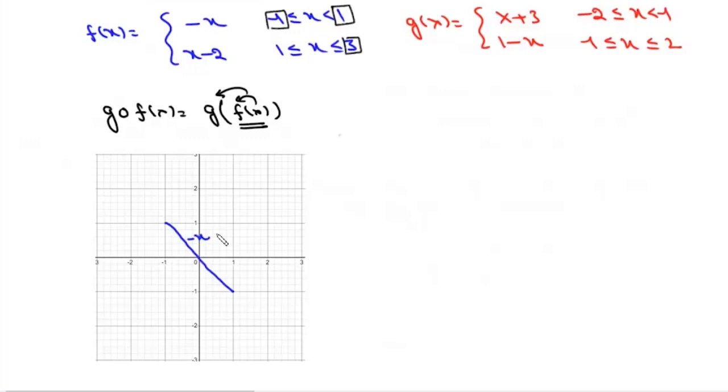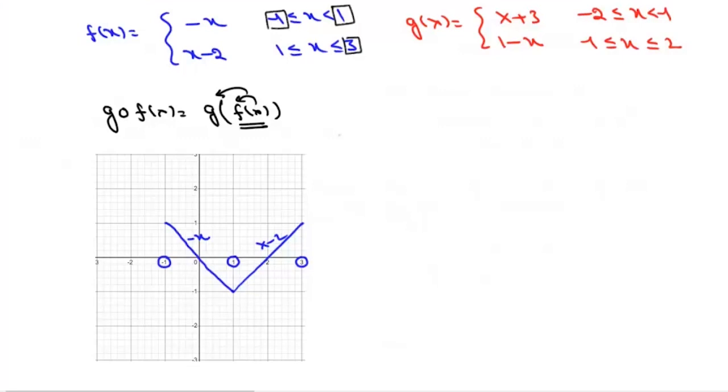So this is your minus x, and then at 1 this value is minus 1, at 2 it is 0, and at 3 this is 1. So that's the definition, x minus 2. Now there is a definition change at 1, and then boundary values are minus 1 and 3.